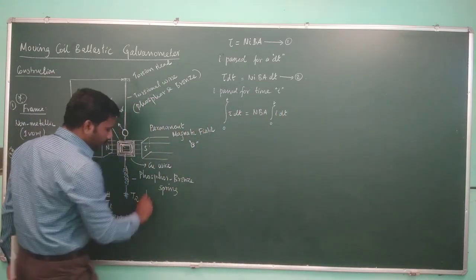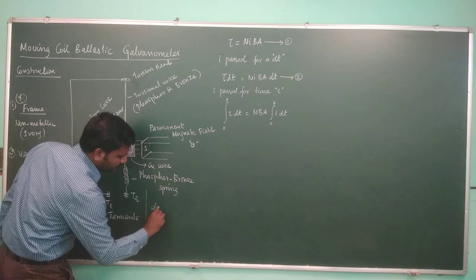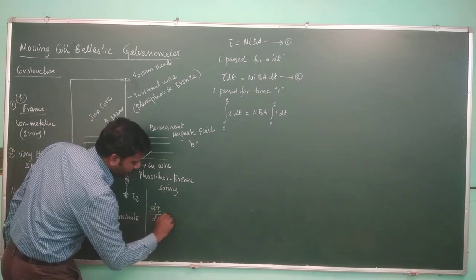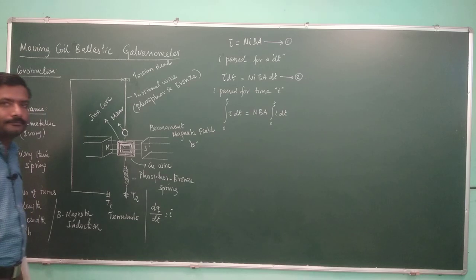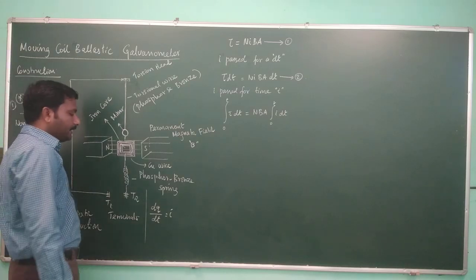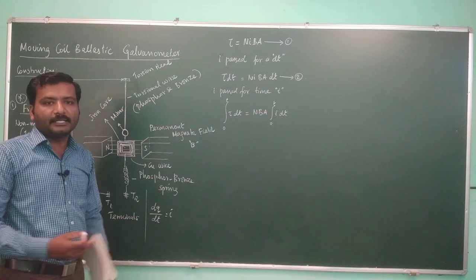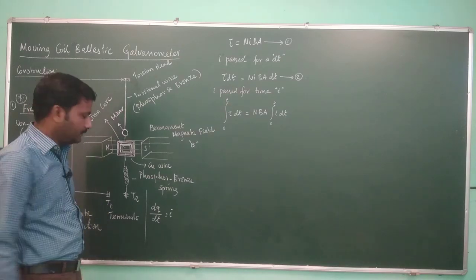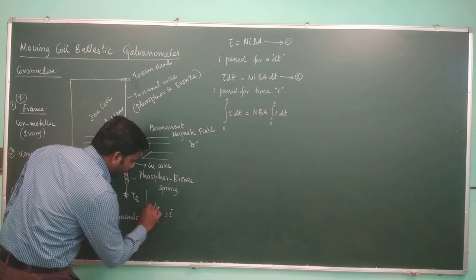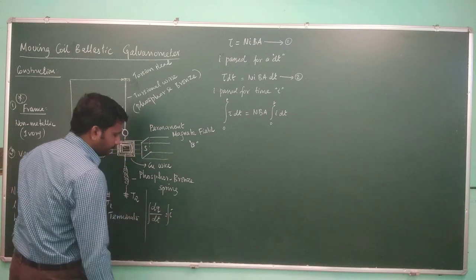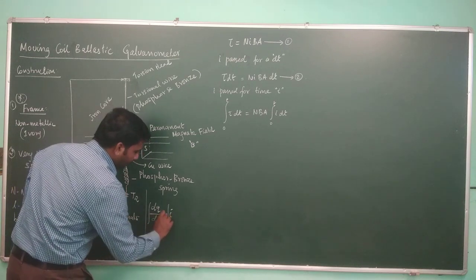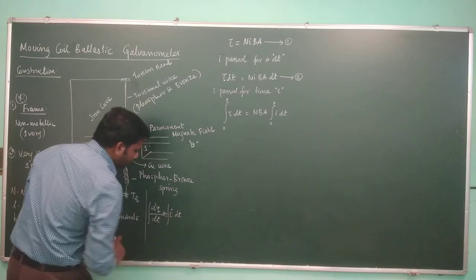Recall your memory: you can write dq by dt, which is equal to I. The rate of change of charge is nothing but current. Now if you take the integral over dt, what you will get?